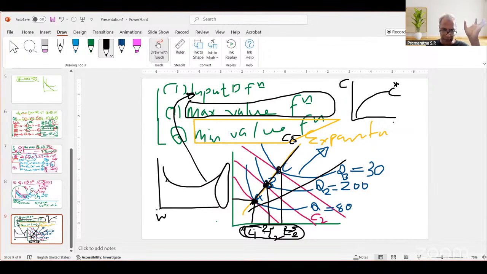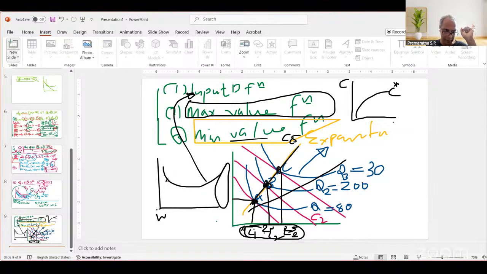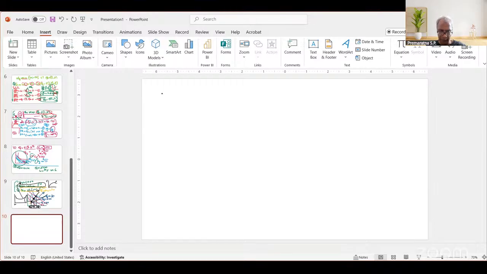Now, I'll start with the minimum value cost function. Let me open another blank paper. Here, what I try to do is derive the minimum value cost function.